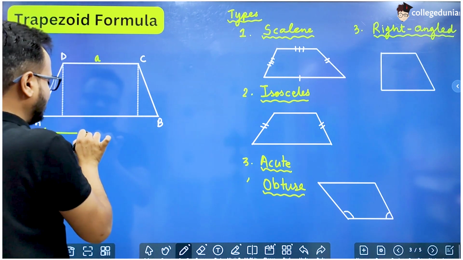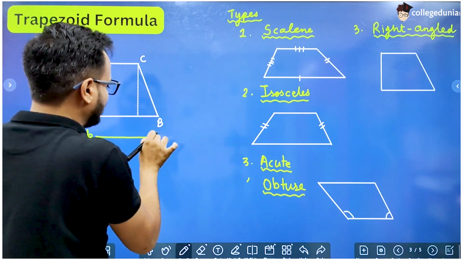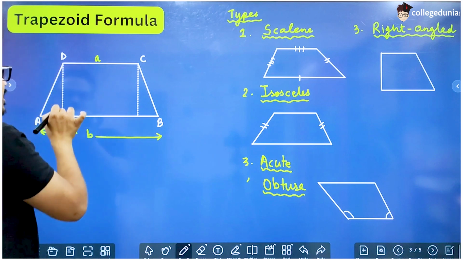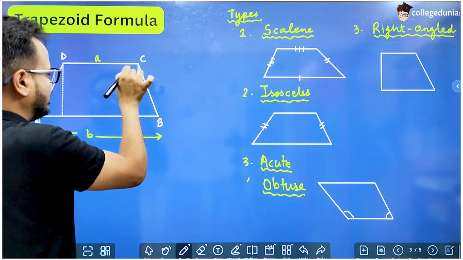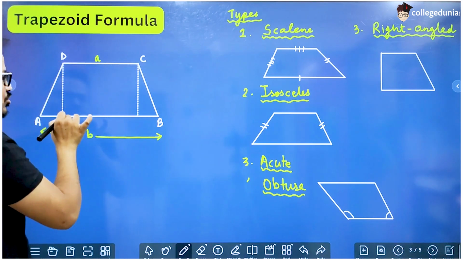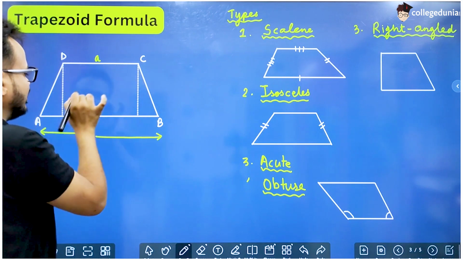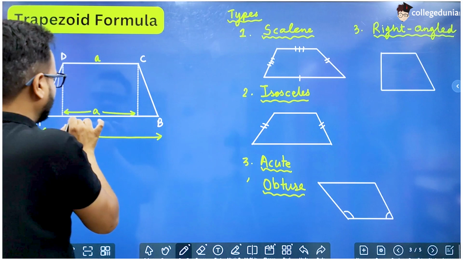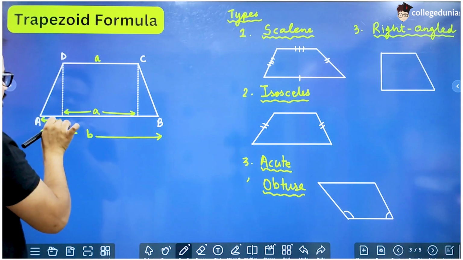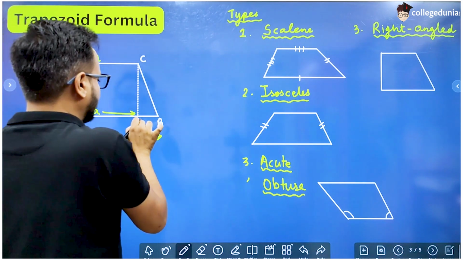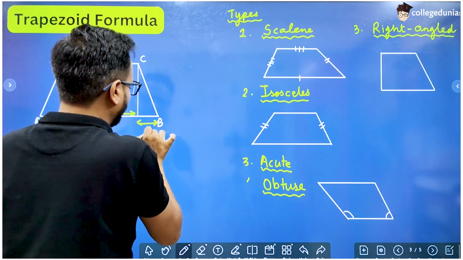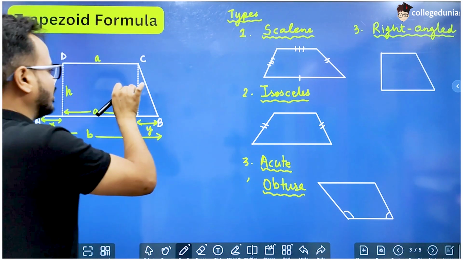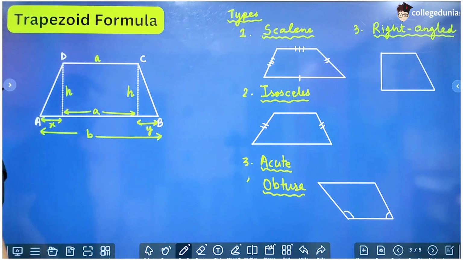And if this is a, then this is a rectangle, right? This one is a rectangle because these two angles are 90, these two angles are 90. So if this length is a, obviously this length is also a. And let us say this length is x and this length is y, the remaining lengths. And the height of this trapezoid is taken as h.